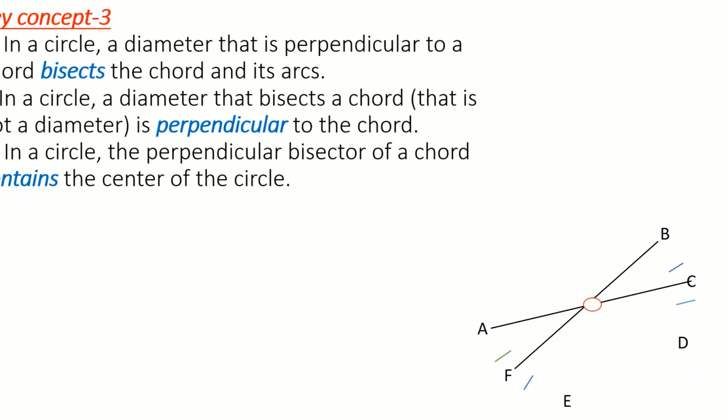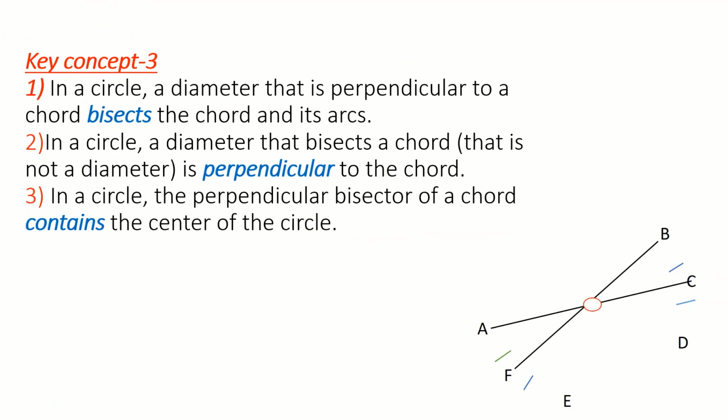Concept number 3. In a circle, a diameter that is perpendicular to a chord bisects the chord and its arcs.